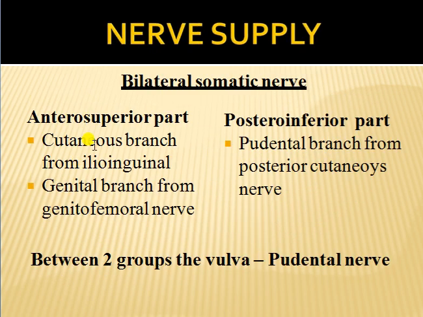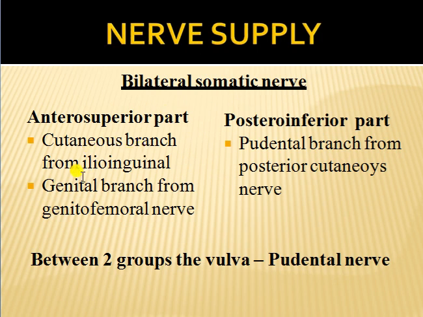Nerve supply. Bilateral somatic nerves, in an anterior superior part and a posterior inferior part. Anterior means front, superior means upper, posterior means back, inferior means lower. That is how the nerves are supplied, so they are divided into two.